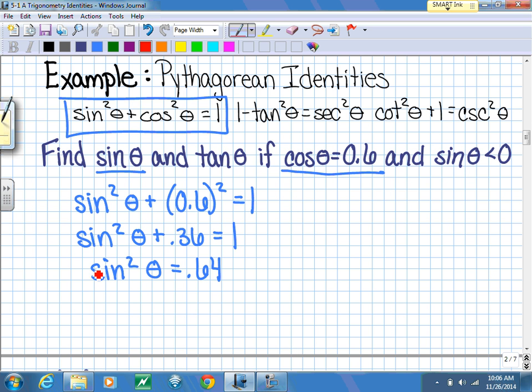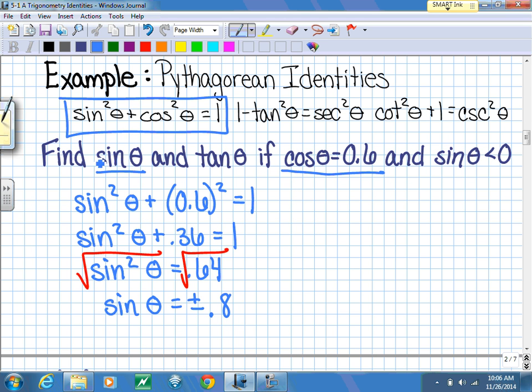Just like when we solve with the Pythagorean theorem, to get rid of that square I'm going to take the square root, giving me that sine theta is equal to plus or minus 0.8. Plus or minus because we can have either a positive or a negative 0.8 to get the 0.64. So now this is telling me 2 answers.